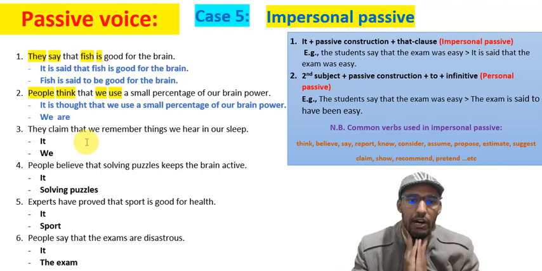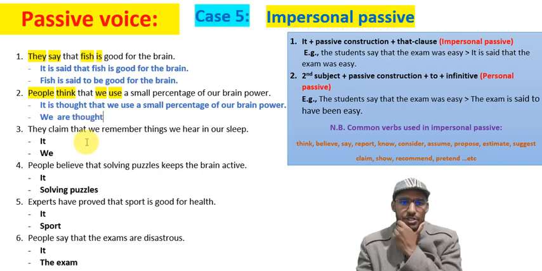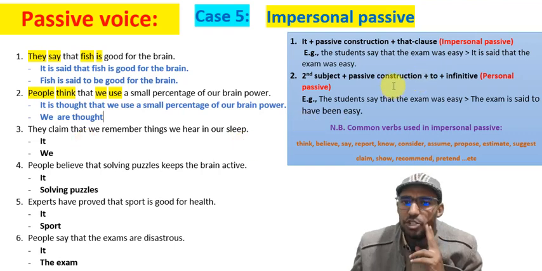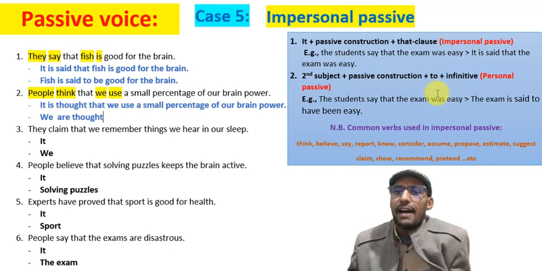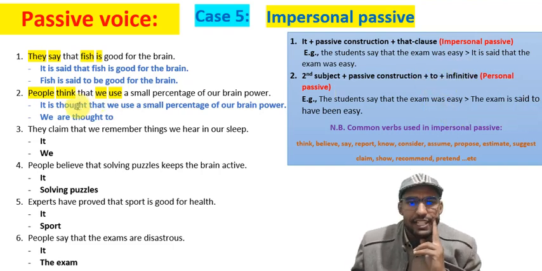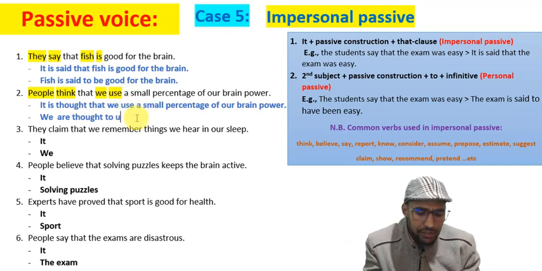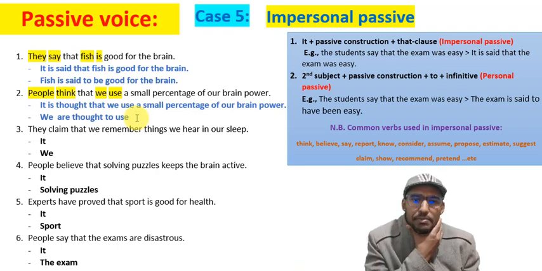Plus the past participle of the verb think, we say we are thought. Plus what do we have here as we finish our passive construction? We have plus to, so we just need to add to, plus the infinitive of the verb that we have here. We have use, so we say to use. We are thought to use, and then we finish our statement without any problem.